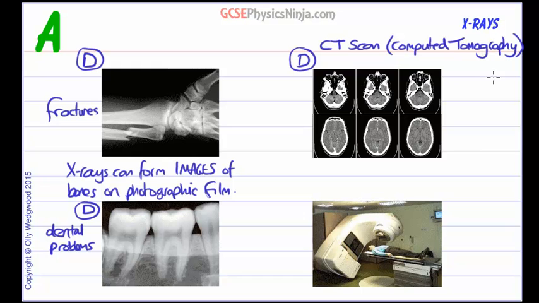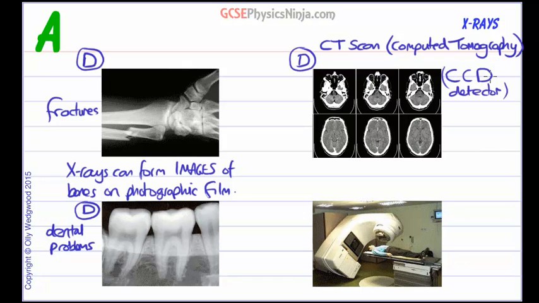slices. Now, what happens in CT scans is that X-rays are aimed at different angles through the part of the body that we're interested in, and we detect those X-rays using a charge-coupled device, or CCD detector, which we've talked about on another flashcard. That's like a photographic film, but an electronic version.